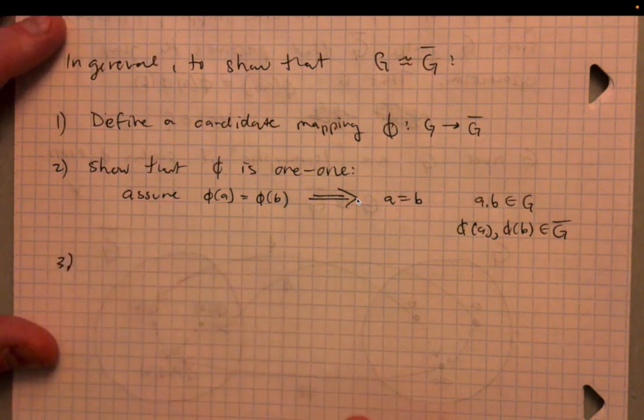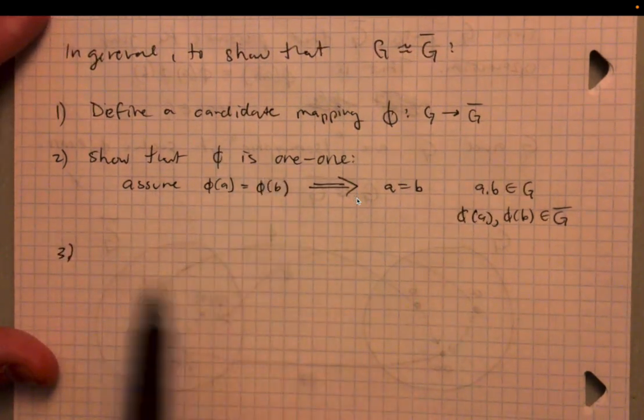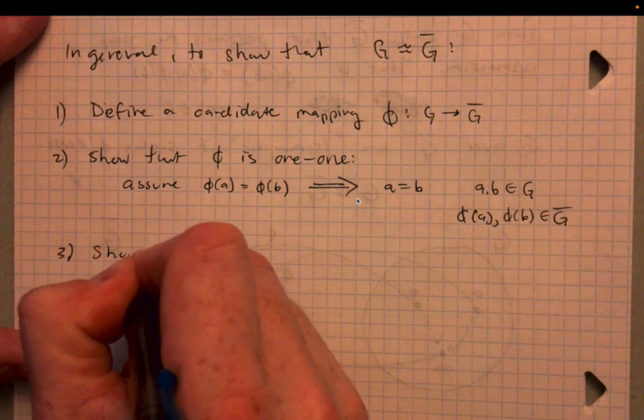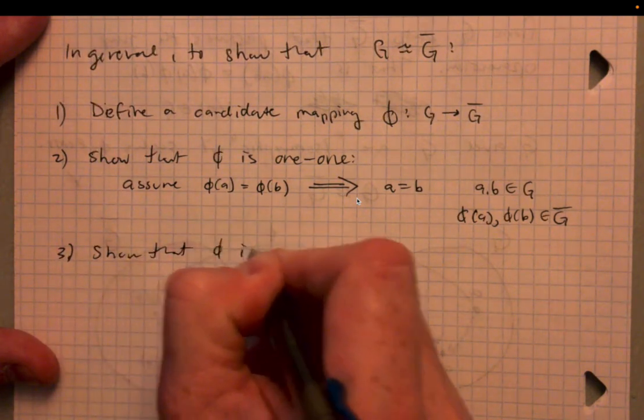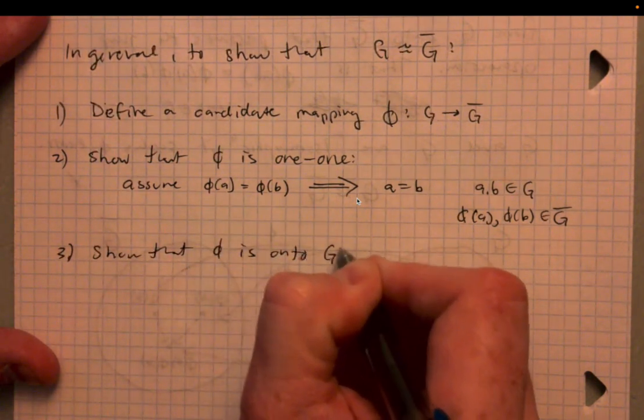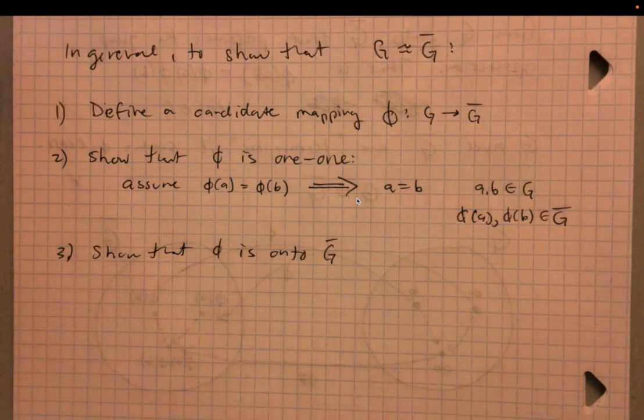Okay, and then the third item is, of course, we need one-to-one, and then we also need onto. So we have to show that phi is onto G bar. Now, how do we show that something's onto? Well, we have to start with a candidate in the codomain.